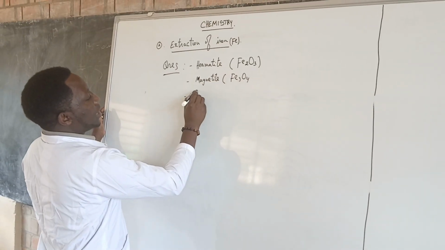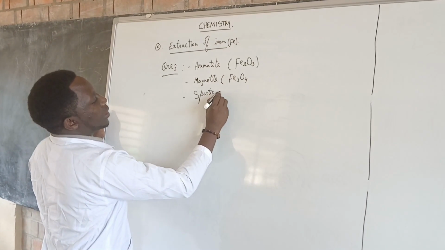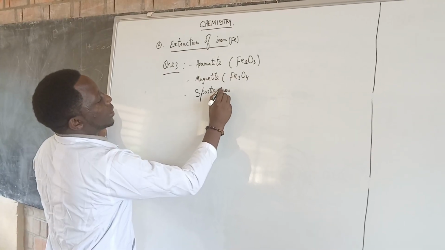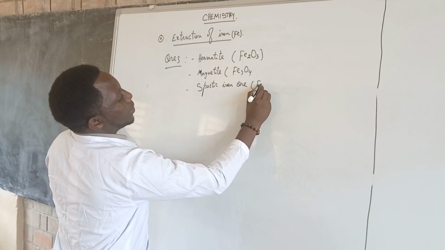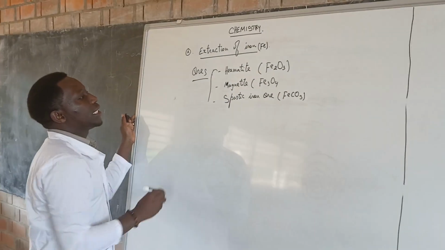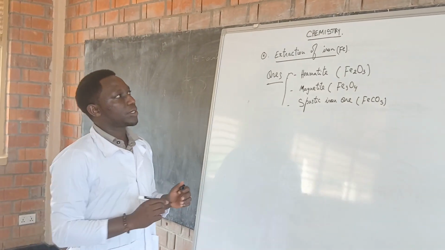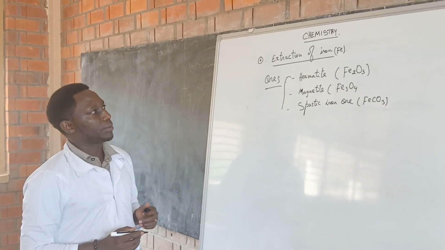The last ore is called spathic iron ore, which is iron carbonate. These are the three main minerals from which iron can be extracted.